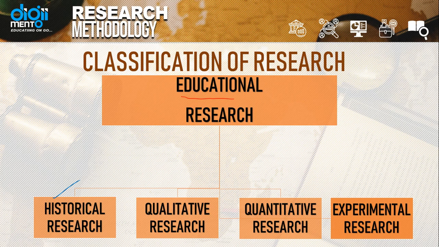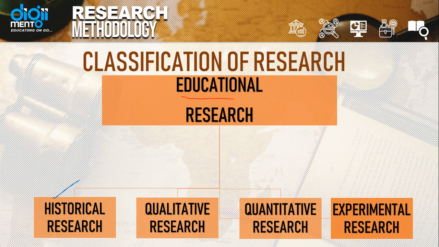Now the next one is qualitative. This qualitative research basically assumes that the world is stable. We can calculate, we can measure the data. So we are doing our research through questions, checklists, and surveys. Now the next one is quantitative research. Quantitative research assumes that the world is unstable.